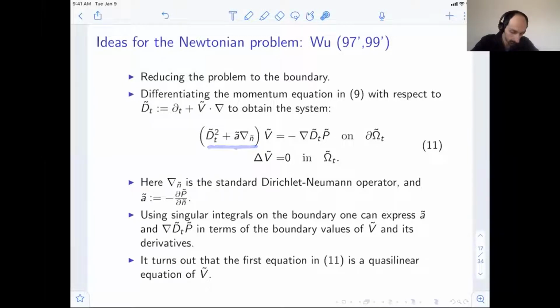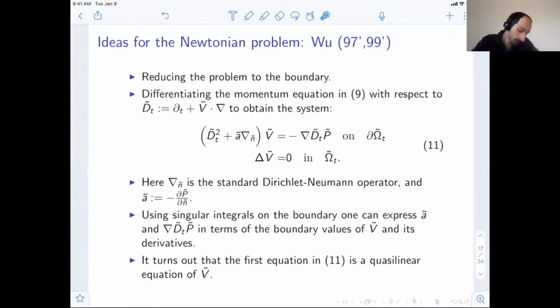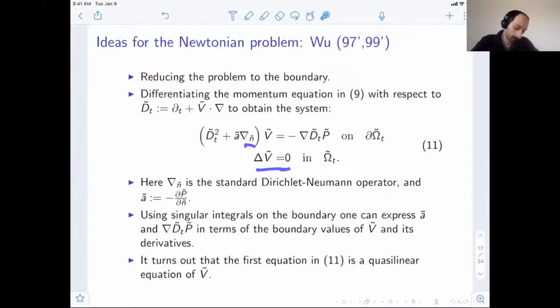Of course, this is not linear, but at least one can think that there's hope for proving energy estimates, in the sense that if I were to multiply this by d_t v, the material derivative of v, this is a positive operator, and it would give me some control of maybe a half derivative on the boundary. Because this is harmonic, right? This is a nice elliptic equation inside, and this is the Dirichlet to Neumann map. So that's great. At least the left-hand side seems to have some nice structure.